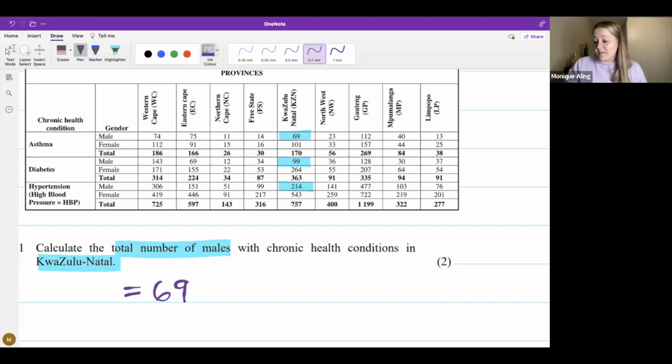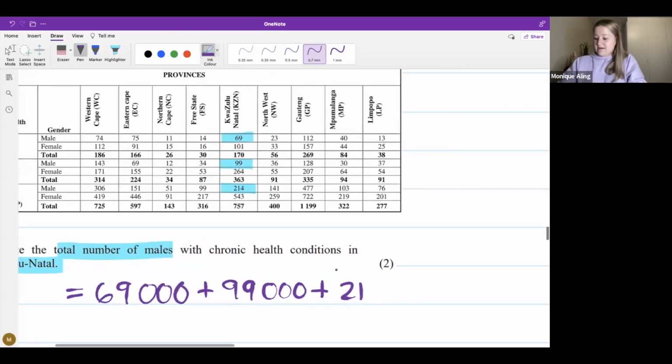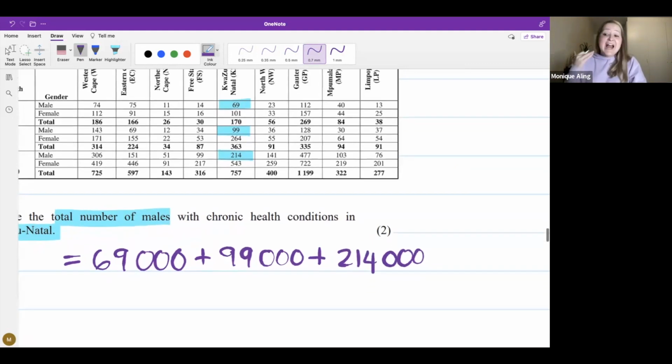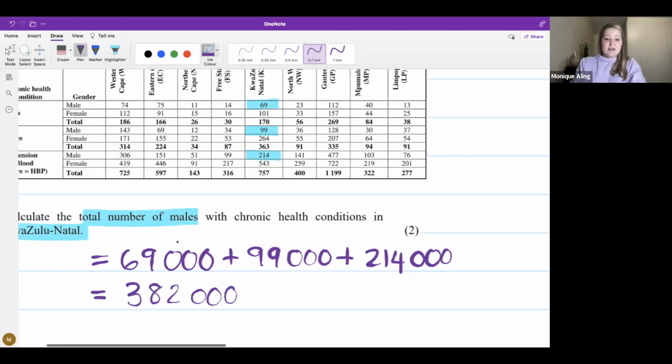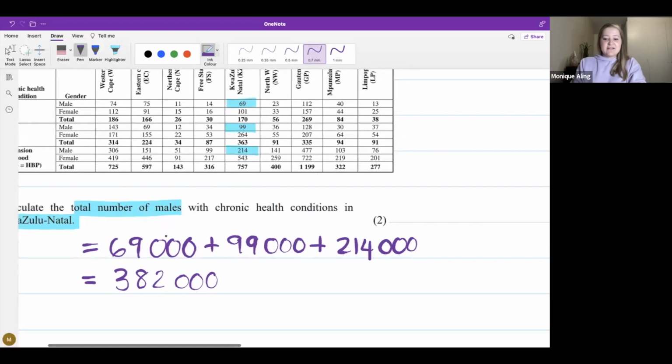So 69, remember it's written in thousands, 69,000 plus 99,000 plus your 214,000. So we just add in 3 zeros on to every number that you see here. So that means there is a total of 382,000 males that suffer from these chronic conditions.